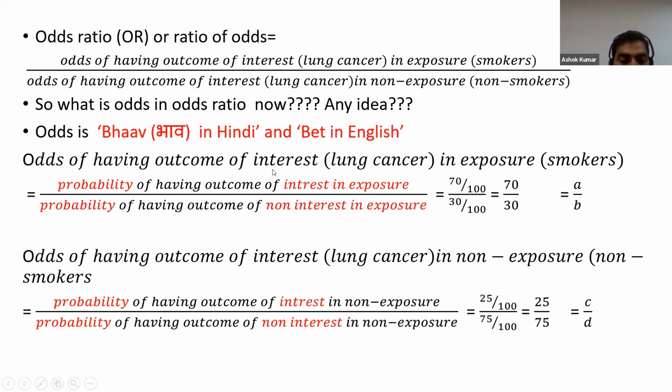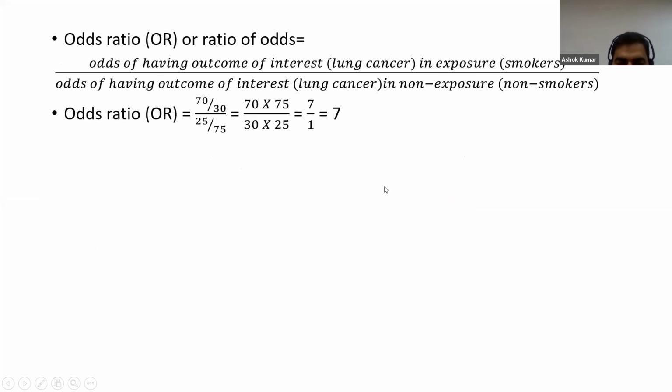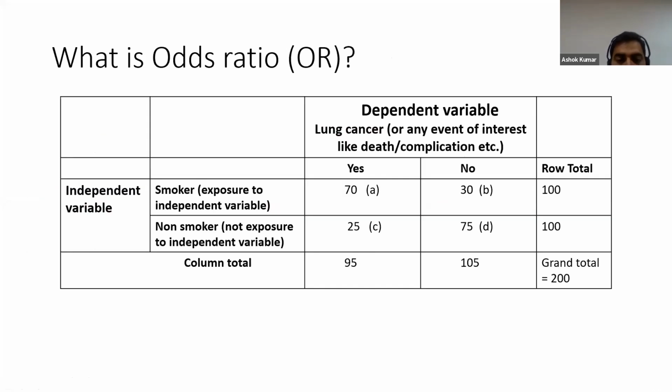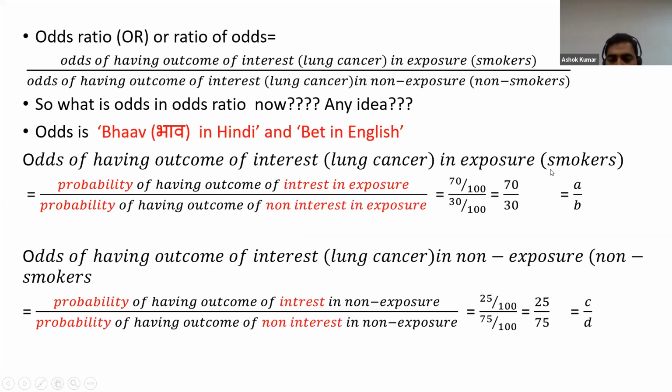The outcome of interest is lung cancer, exposure is smoker. Please see this: the probability of having lung cancer in smokers is 70 divided by 100.